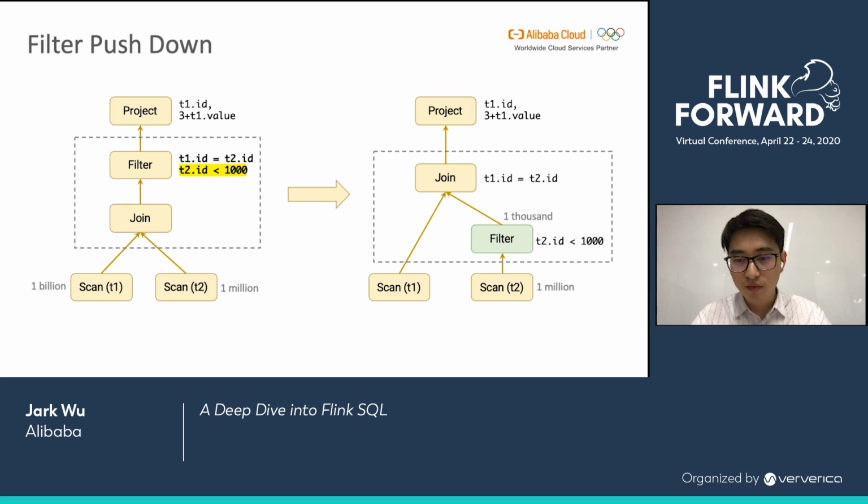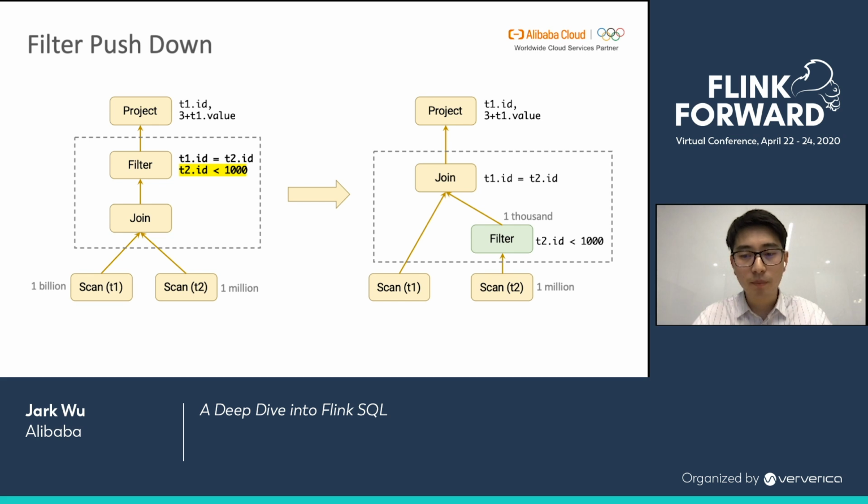So looking at this logical plan, we will find that T2.id is only related to the table T2. So what we can do is push down the predicate through the join. Basically, we want to evaluate the predicate first. That will reduce the input size of the join and speed up the join performance.